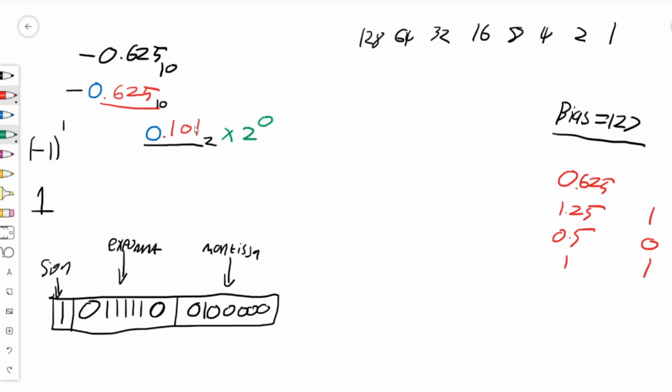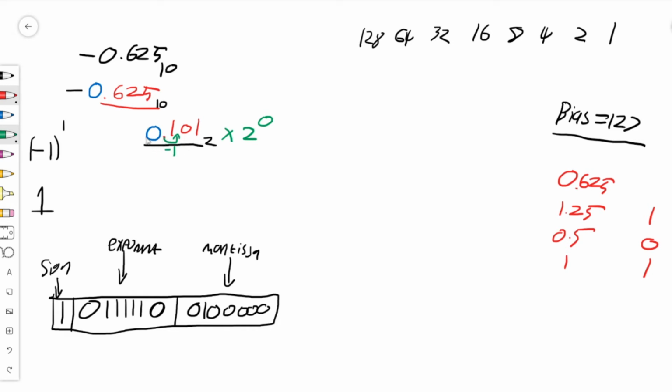The next thing we need to do is move this decimal point. The decimal point must always have exactly a singular 1 to the left of it and nothing else. In order to move this decimal point into a location where it has a singular 1 to the left of it, we need to move it here, and we need to do so in the fewest possible hops. This is done in one hop, and because we're moving to the right, this number is negative.